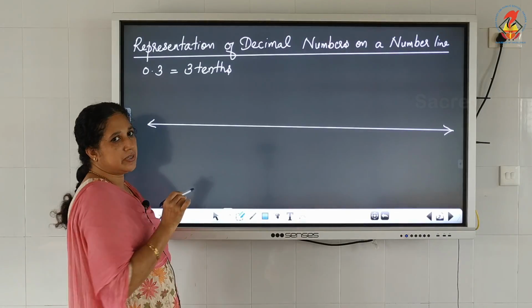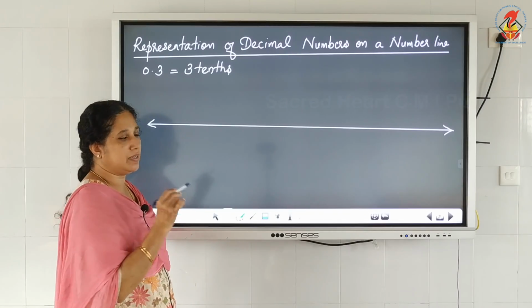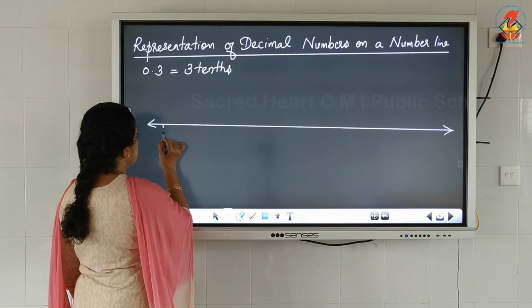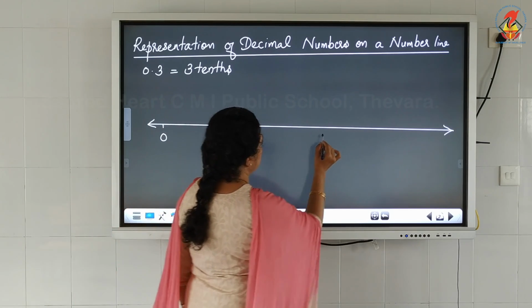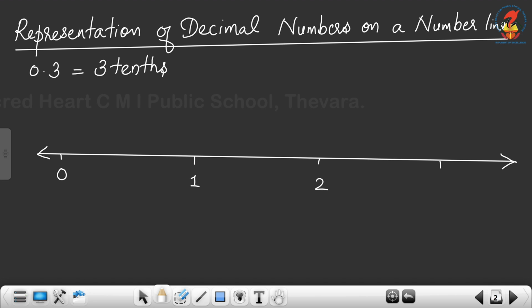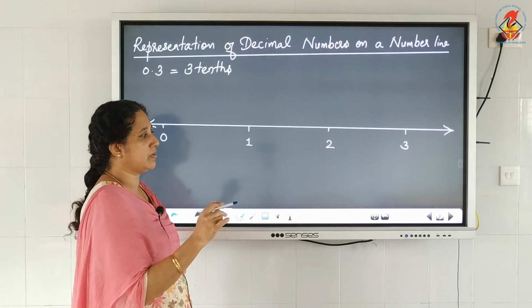Then after that you have to mark the numbers 0, 1, 2, 3, 4, 5 etc. at equal distances. The distance between these numbers will be the same. So the distance between 0 and 1, 1 and 2, 2 and 3 should be the same. So first you have to mark the numbers 0, 1, 2, 3, 4 etc.